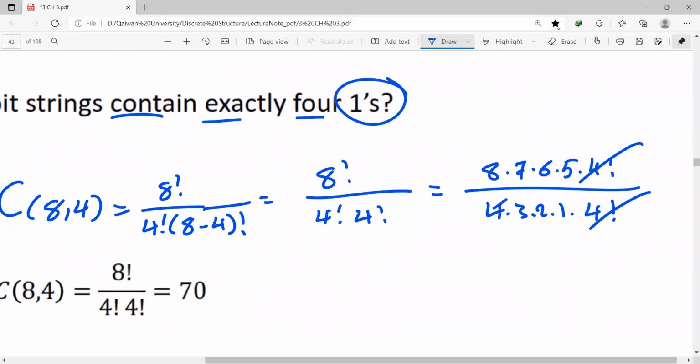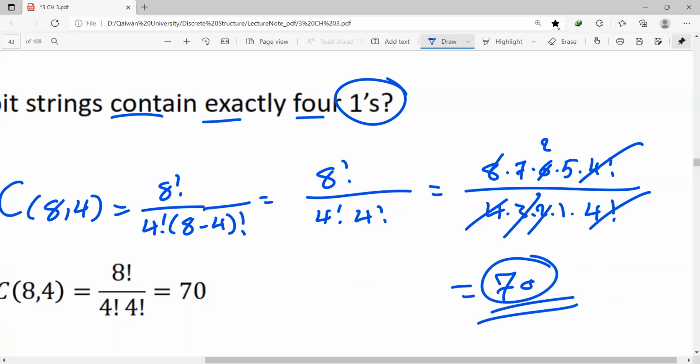And here we have 8 and 4 and 2. These are cancelled out. Here 3 with 6 are cancelled out. You get 2. So 7 times 2 is 14, times 5 is 70. We get 70 ways.